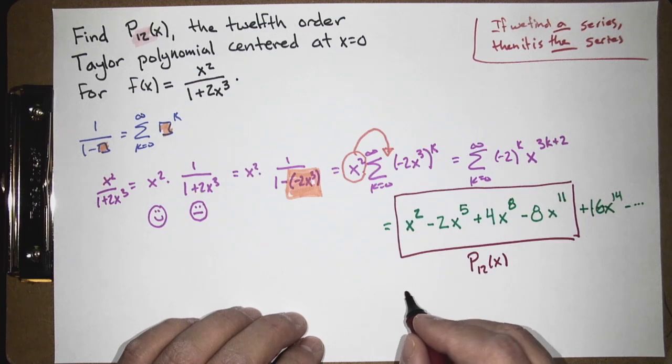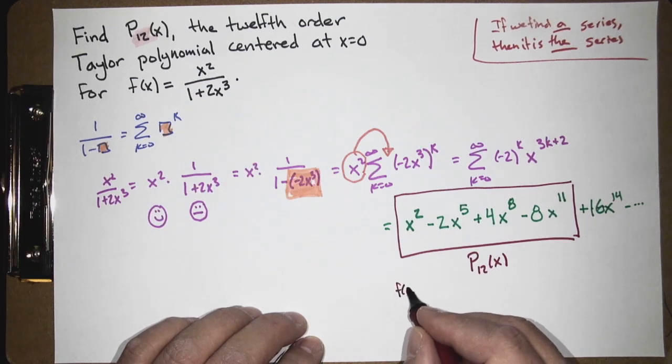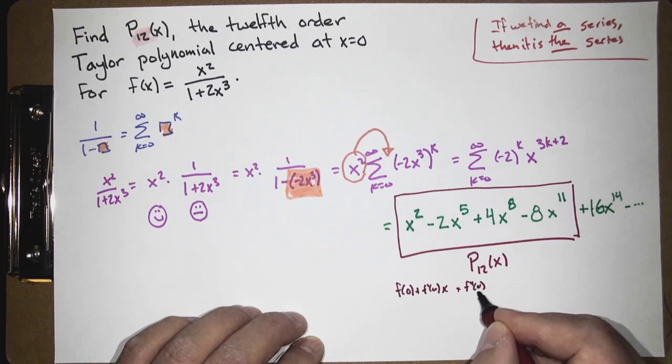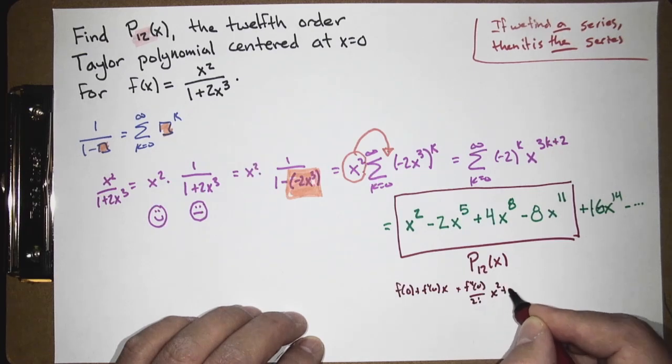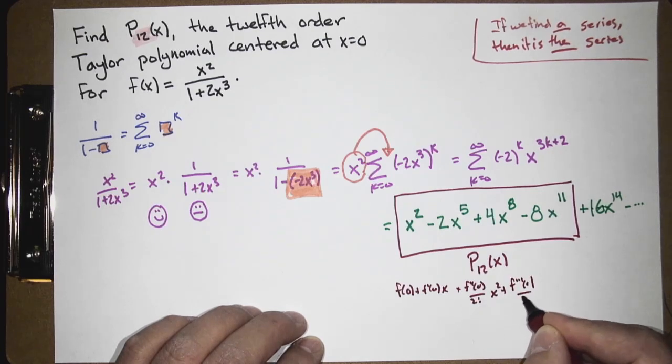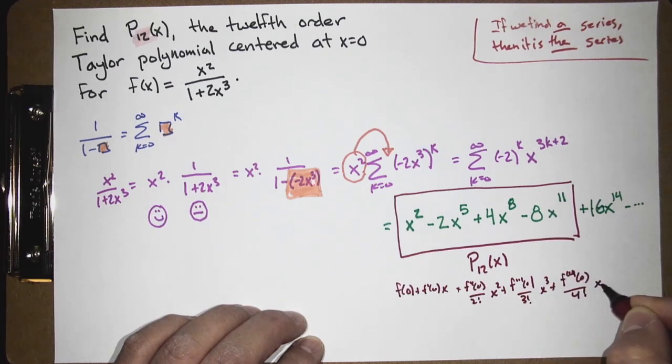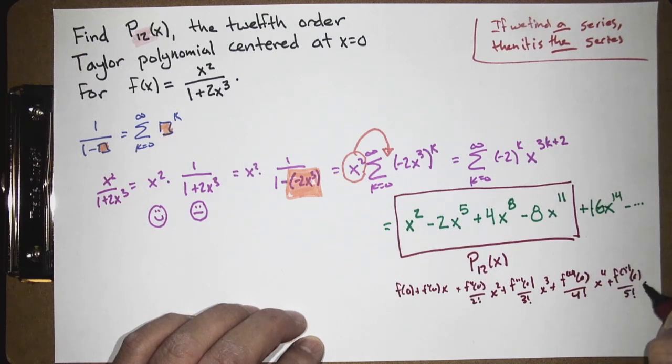So underneath here we have the same f of 0 plus f prime of 0 x plus f double prime of 0 over 2 factorial x squared plus f triple prime of 0 over 3 factorial x cubed plus the fourth derivative at 0 over 4 factorial x to the fourth plus the fifth derivative at 0 over 5 factorial x to the fifth, and so forth. I'm running out of space.